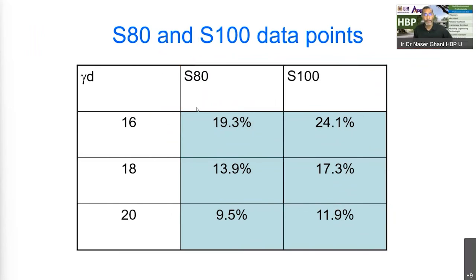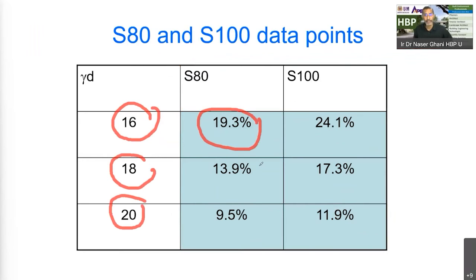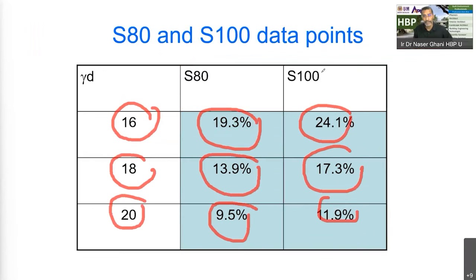From this table, the gamma dry is 16, 18, 20, and the 80% saturation line will be at 19%, 13%, 9.5%. For 100, we have 24, 17, and 11.